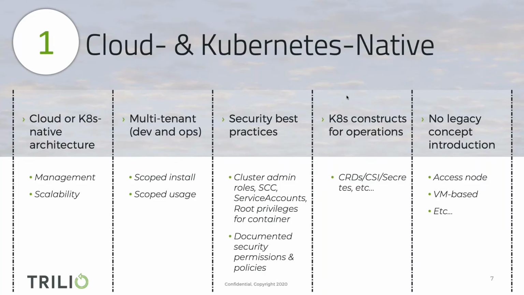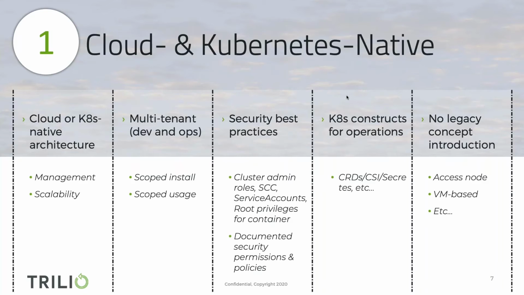Being Kubernetes native also means that all the security best practices need to be adhered to. Security is paramount in terms of Kubernetes today, and whenever you are introducing a new application, you need to ensure that it upholds the principles around security, making sure that you're not using privileged containers, you're not using root permissions everywhere. So those aspects have to be upheld as well.